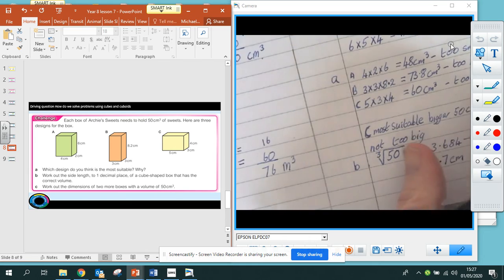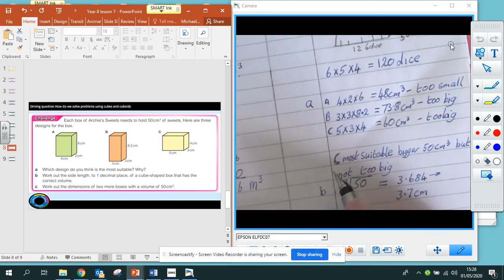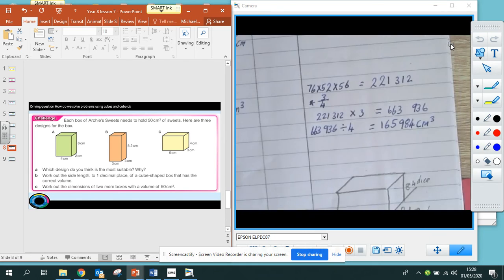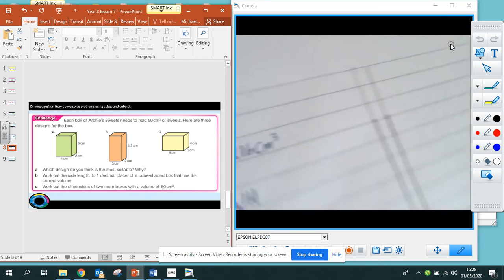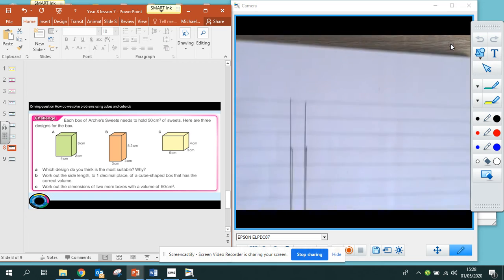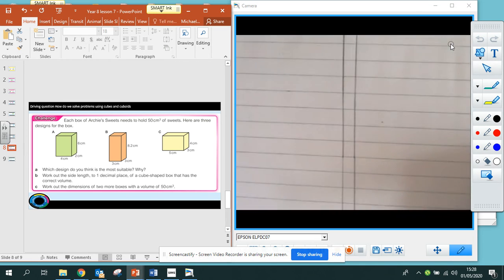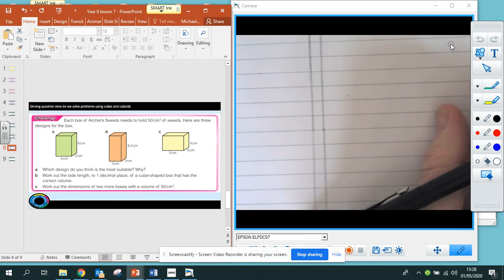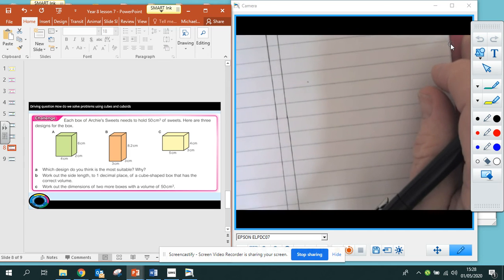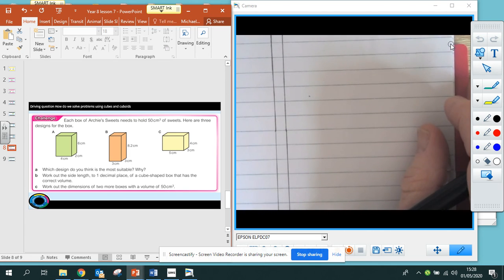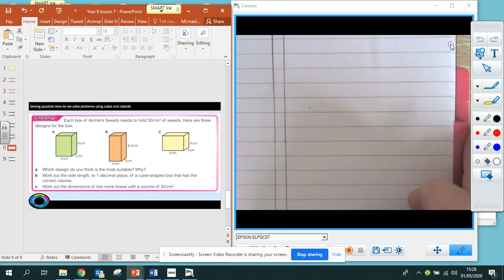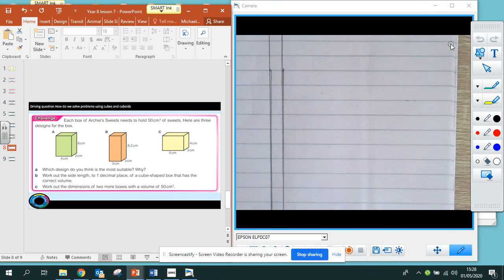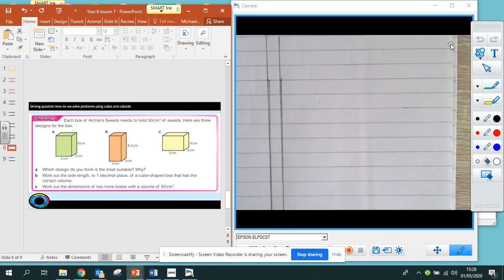Now the last question. You have to pardon me for changing over page, but still. Come up with the dimensions of some shapes for the volume of 50 cubic centimeters.